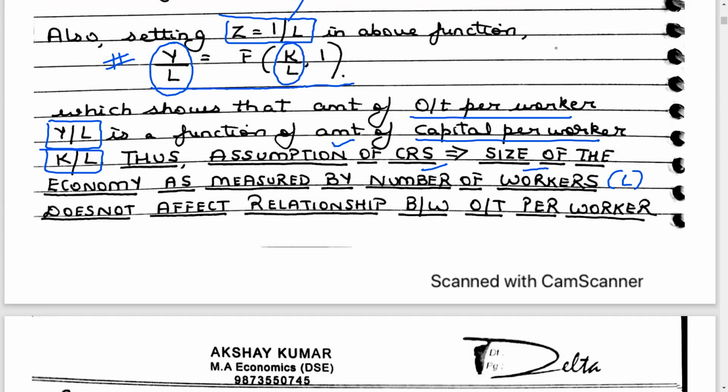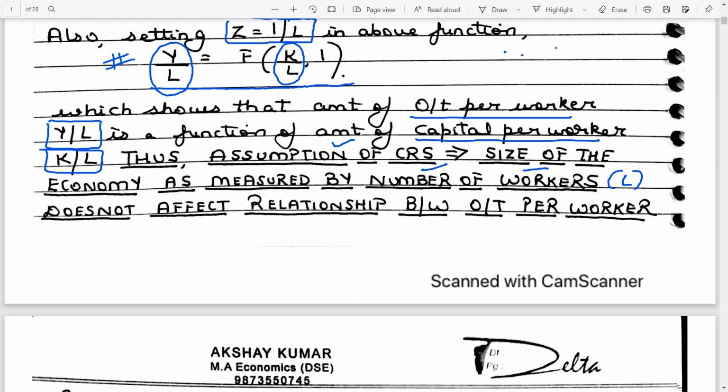This is the case only because the production function exhibits constant returns to scale. Constant returns to scale allows us to write output per worker as a function of capital per worker. So the size of the economy doesn't matter. What simply matters is that output per worker will now be a function of capital per worker. Hoping students have understood this.